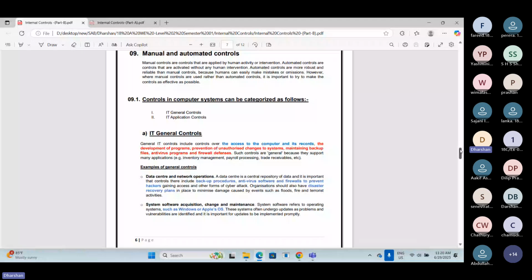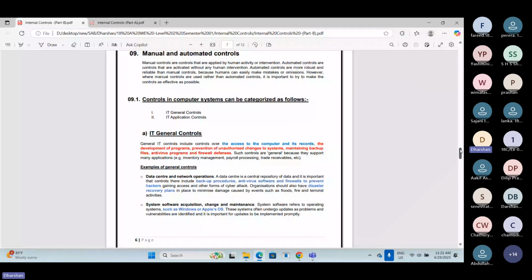So this is the unlock password for your entire mobile phone. The unlock password you have placed is a general control. In order to unlock your mobile phone, you use a password.